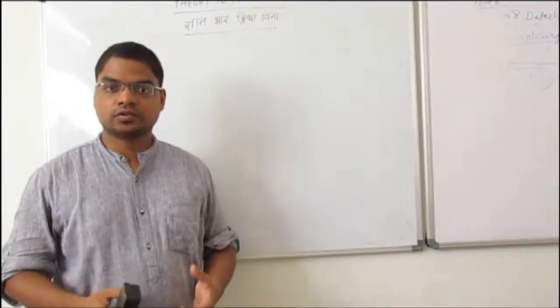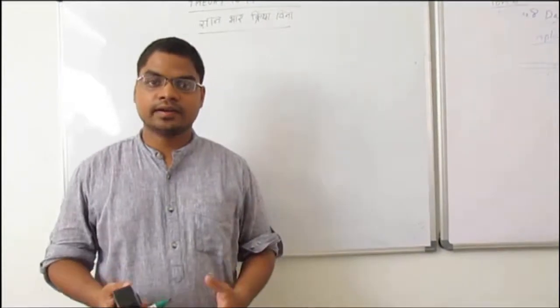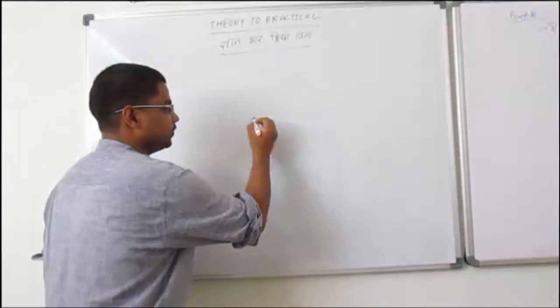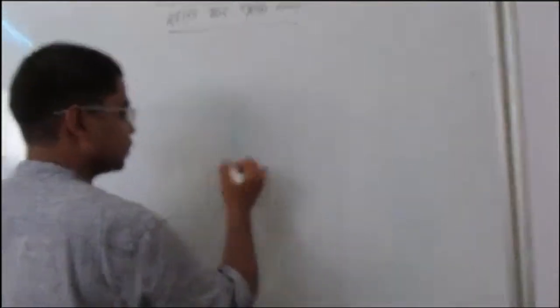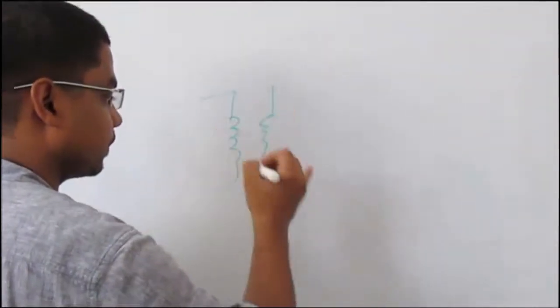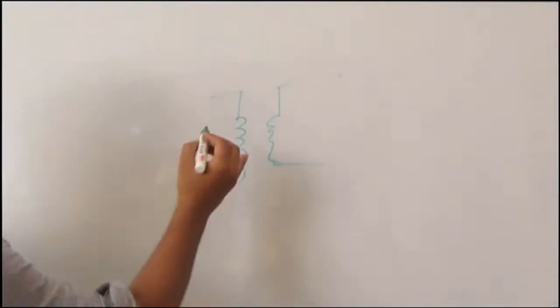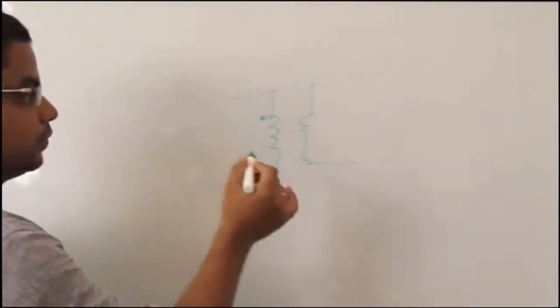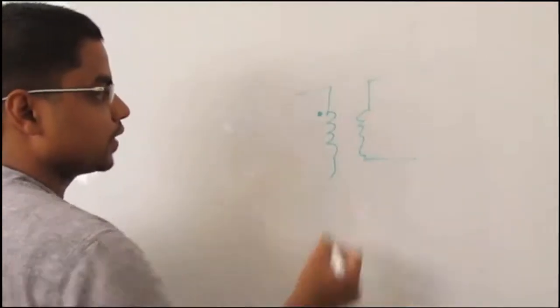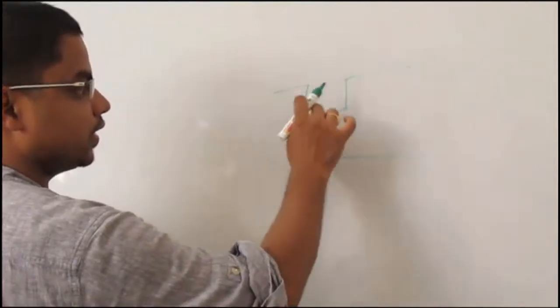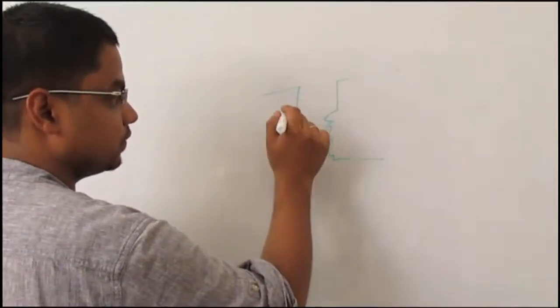The polarity test on a transformer can be conducted using a simple multimeter. Say we are given a transformer, and here the dot mark is here, and we have to find which terminal has the same polarity as this.